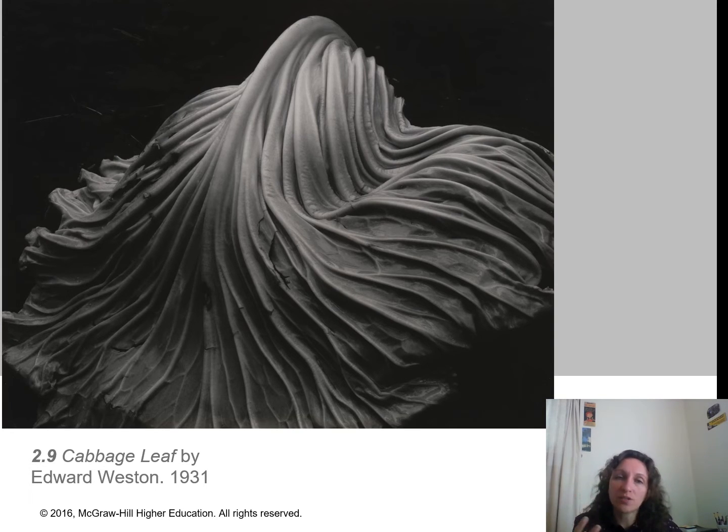But the way it's presented, with all of the background and context taken away from it and just this upside down cabbage leaf, allows us to look at it in a new way, to find beauty in something that's not commonly considered beautiful.